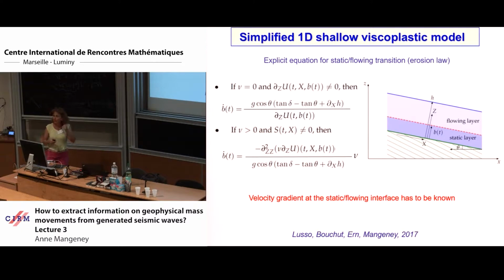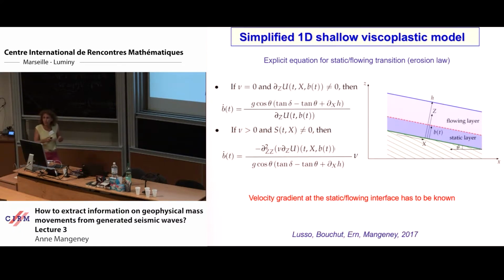And the analytical solution of the full Navier-Stokes equation gives these two equations for the variation in time of the static flowing interface here. And you see that if you consider that the viscosity here, what I called eta before and is nu now, is 0, then you get this function, for example, here. And you see that the static flowing interface varies as an inverse of the gradient of the velocity exactly at this position.